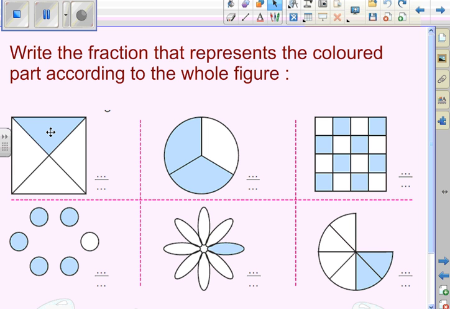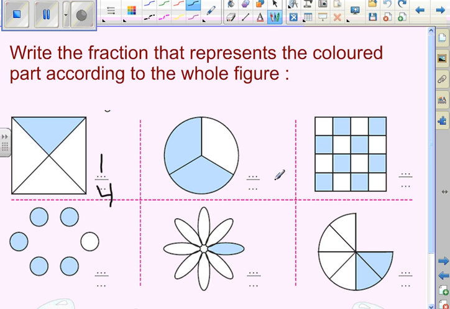There is 1 colored part. So the number of colored parts is 1, and the number of all parts is 1, 2, 3, 4. So 1 over 4 or quarter.